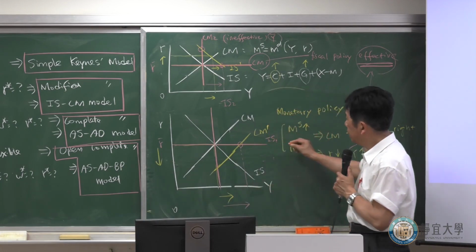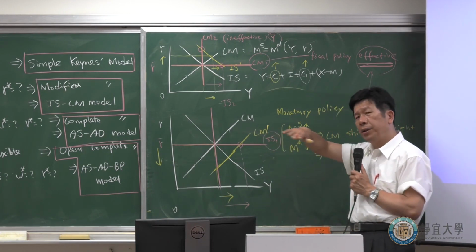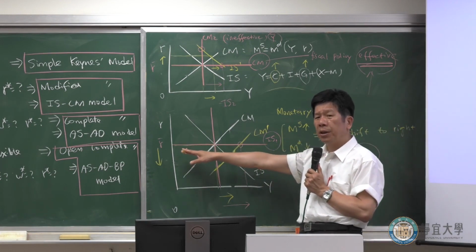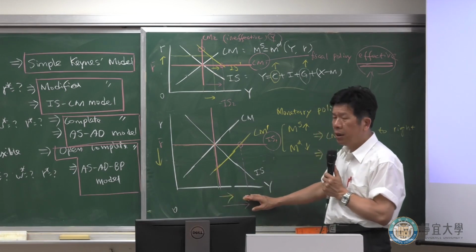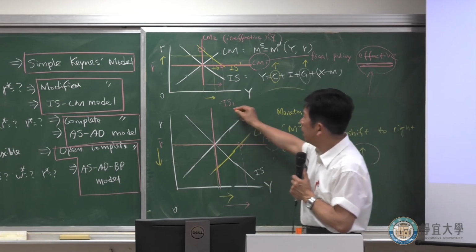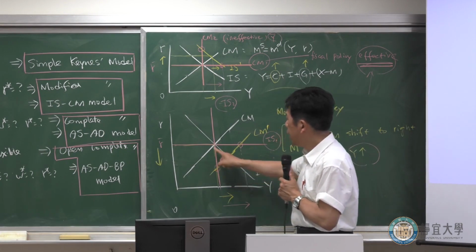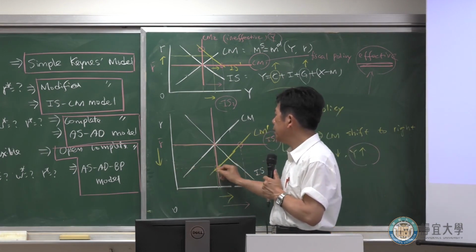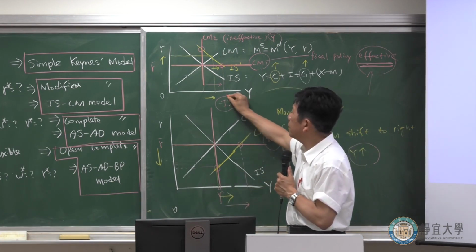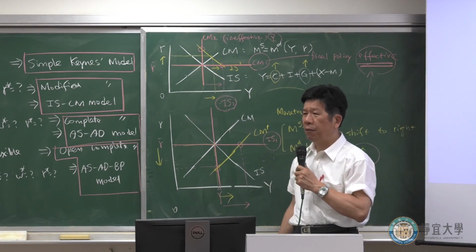So when the IS curve is a horizontal situation, the interest rate is constant, but they can let income or output increase. But the other way, if the IS curve is vertical, they cannot let Y increase. So if IS is like this situation, monetary policy would be ineffective.